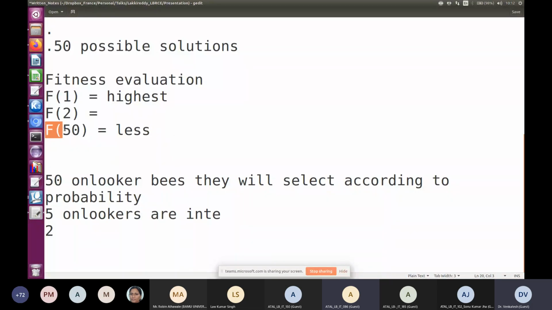So whichever solution has less value will not get much chance for exploitation. This is the one interesting part in this artificial bee colony algorithm. These onlooker bees will try to maintain that probability. So the probability of choosing a food source which is having high value is very high.